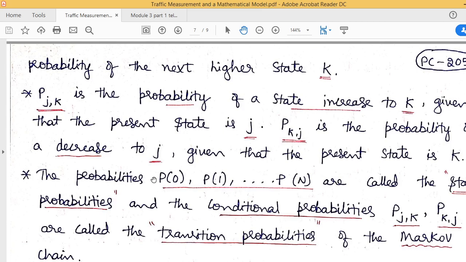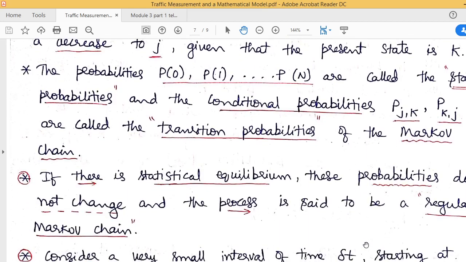So the probabilities P of 0, P of 1 up to P of n are called state probabilities, and the conditional probabilities P of j comma k, P of k comma j are called the transition probabilities of the Markov chain. If there is statistical equilibrium, these properties do not change and the process is said to be a regular Markov chain.